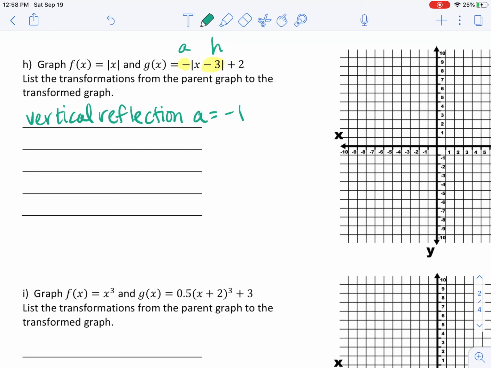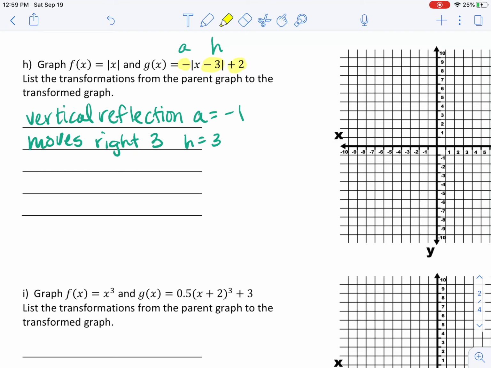So that is going to be a translation, or you can say shift, or you can say moves to the right 3, since h is equal to 3, and h is not equal to -3. The rule is x minus h. So h is a 3 and it was substituted in and you get x minus 3.